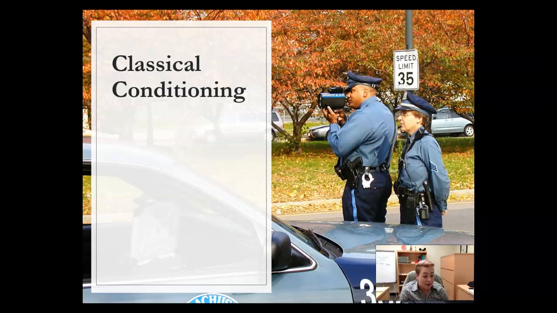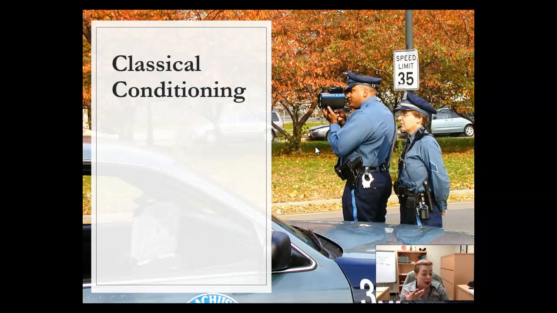That's a result of classical conditioning. You've learned to associate that radar gun with slowing down, because of a whole slew of factors. We are also scared of the ramifications, which may be more operant conditioning, but we learn that when you see a police officer standing there with a speed gun, you slow down. That is a part of classical conditioning, and this occurs in all facets of your life.